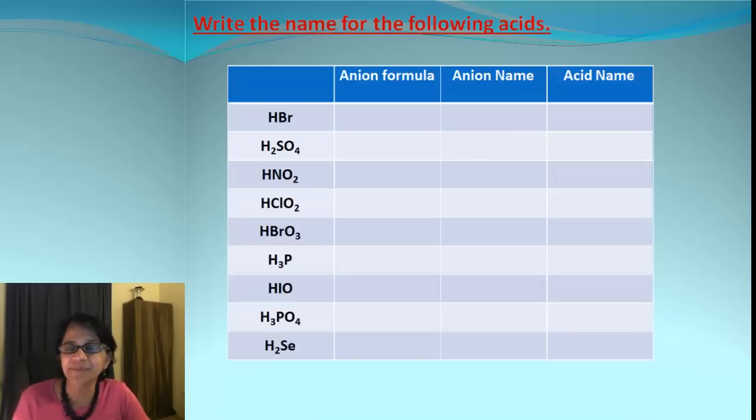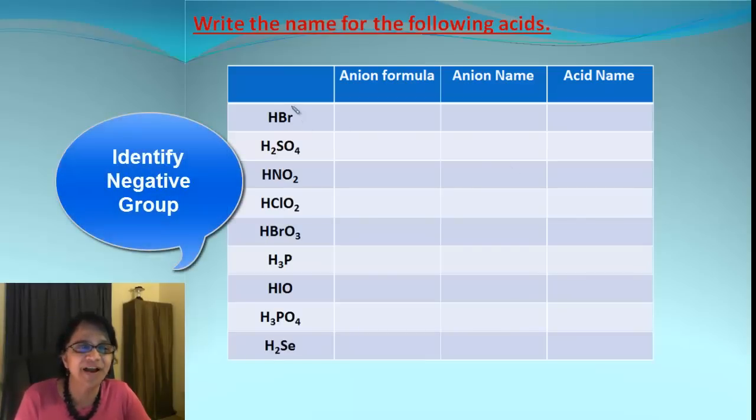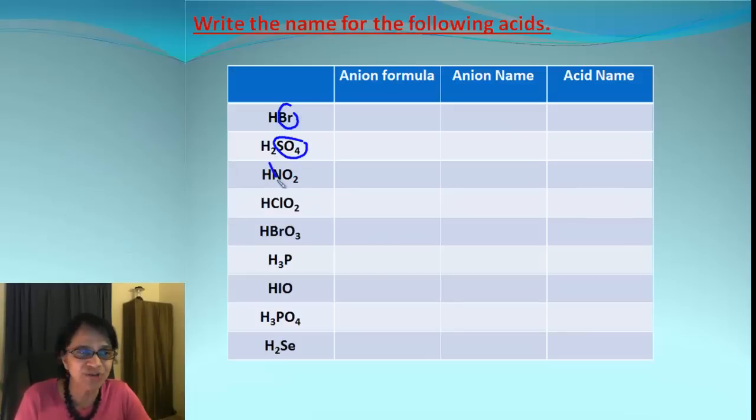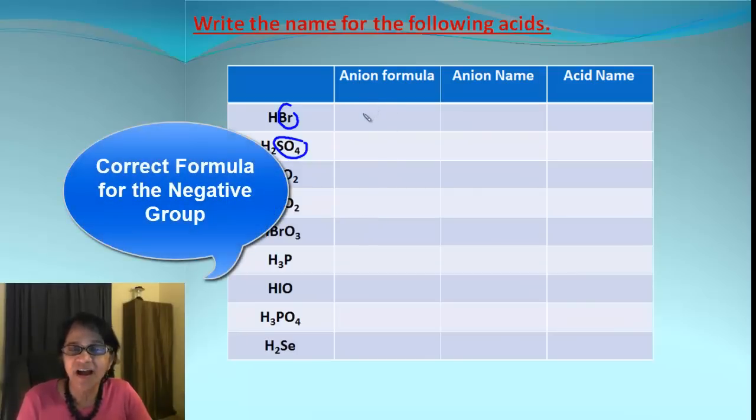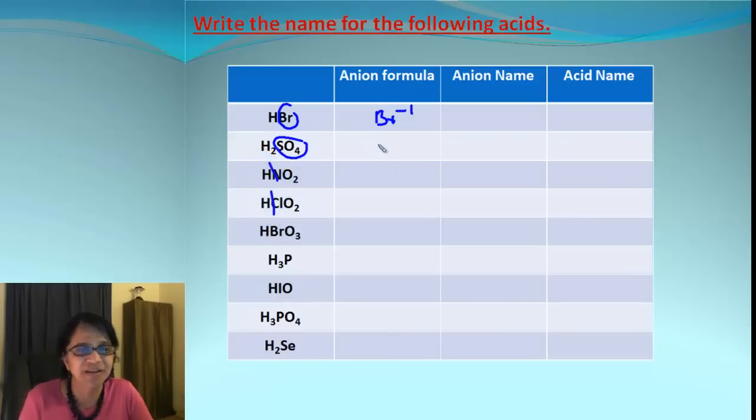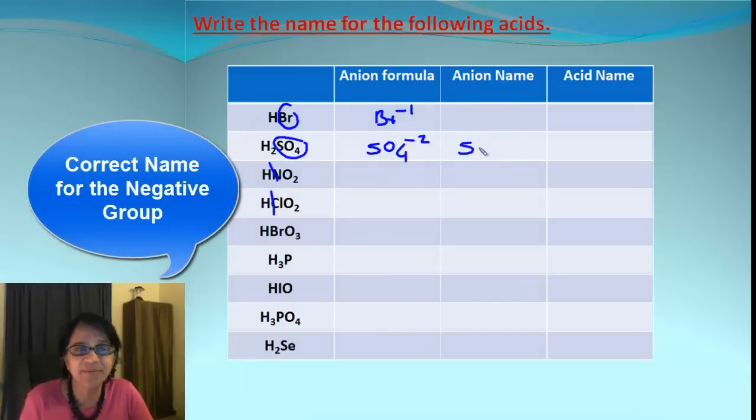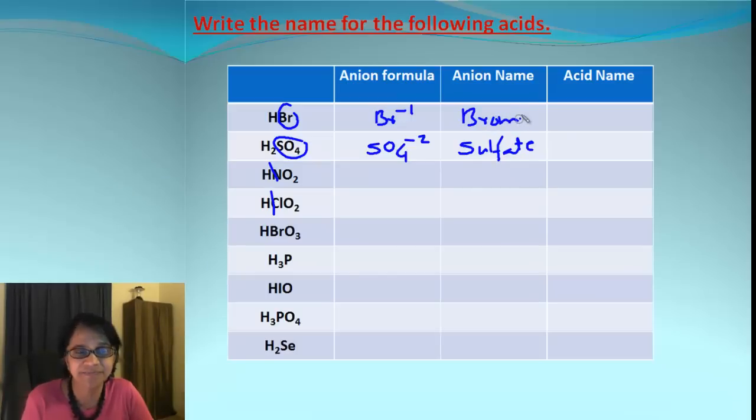Here are examples of a few acids, and the way you begin naming the acid is first identify the negative part for each of the acids. Leave that hydrogen and everything remaining will be the negative part. Get the formula along with the charge. So this will be Br -1, this will be SO4 -2, the name will be in this case sulfate, and bromide.